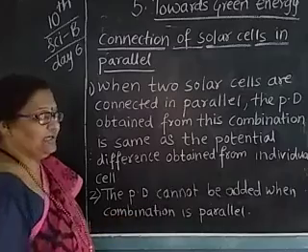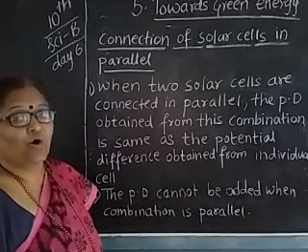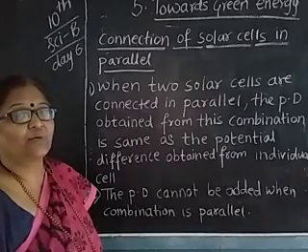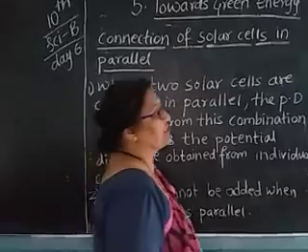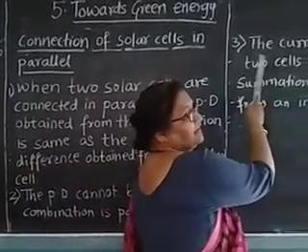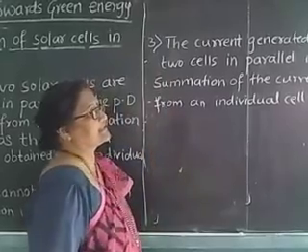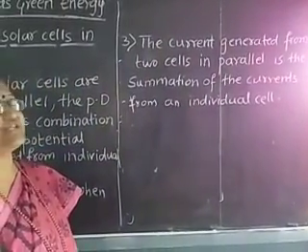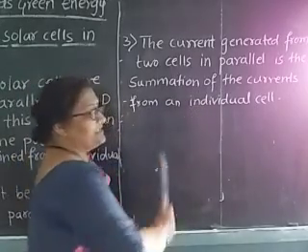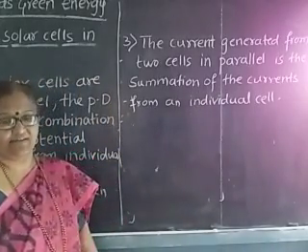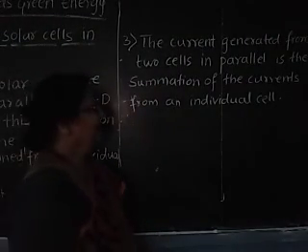The potential difference cannot be added in the parallel combination. The current generated from two cells in parallel is the summation of the currents.